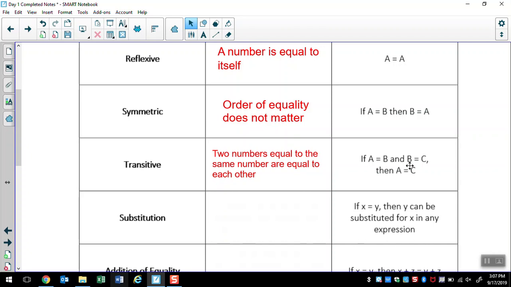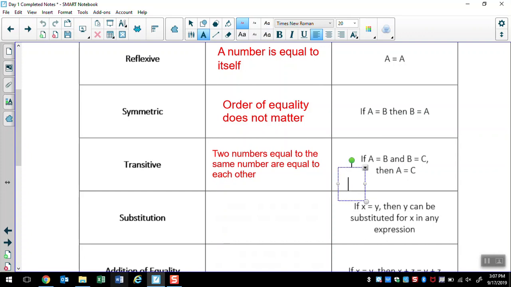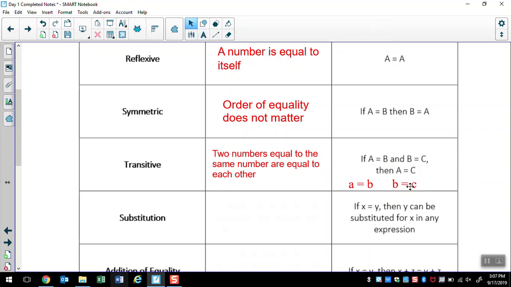We could also look at them as an overlap. So if I have A equals B, and then I have B equals C, I have this overlap here. So I can take those, and they overlap.